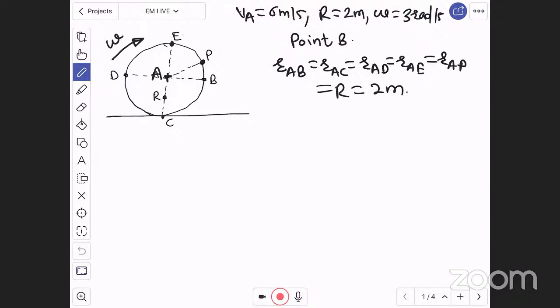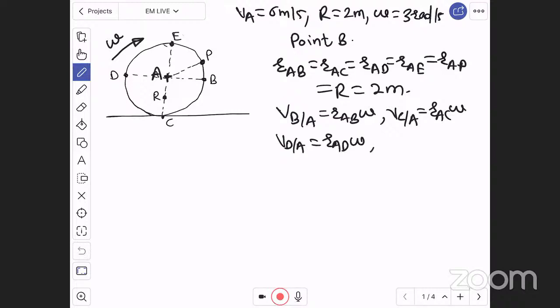Therefore, the respective velocity components, that is velocity of point B with respect to A, is RAB omega. Velocity of point C with respect to A is RAC omega. Similarly, velocity of D with respect to A is RAD omega, velocity of E with respect to A is RAE omega, and velocity of P with respect to A is RAP omega.